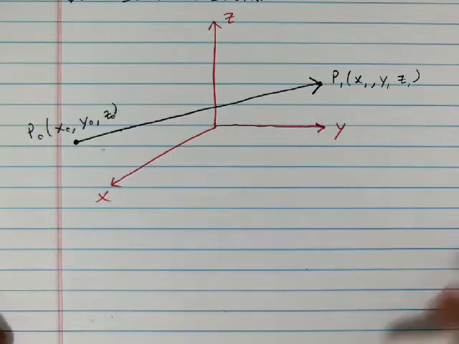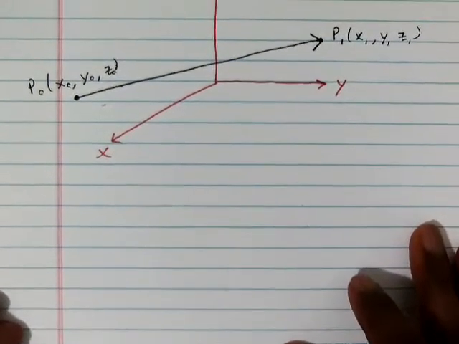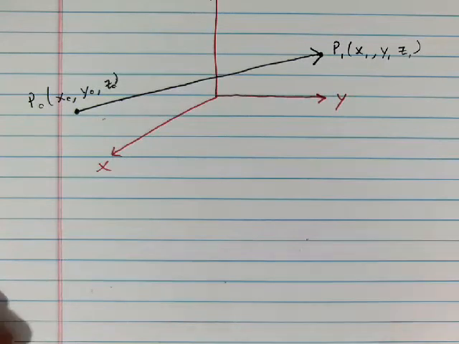All right, so now, continuing from 11.2, let's talk about how we find the magnitude or the length of a vector.